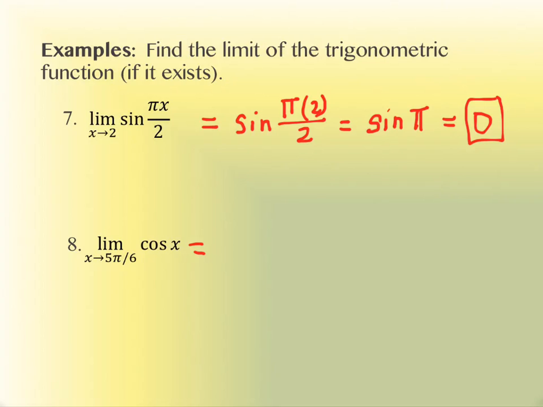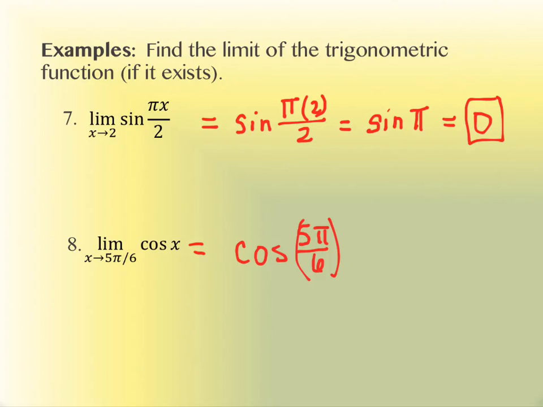How about this next one? What are we going to do? Just plug the value in, right? Same as the last one. It's even more clean because I don't even have that pi that was in that numerator before. So do you remember what the cosine of 5 pi over 6 is?